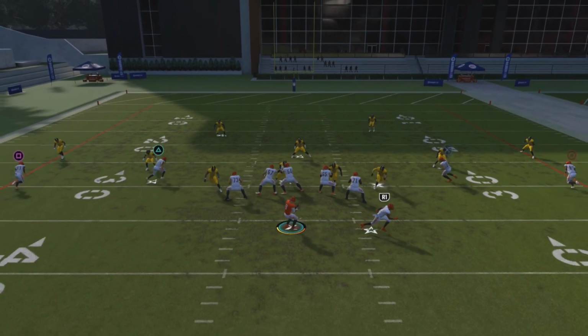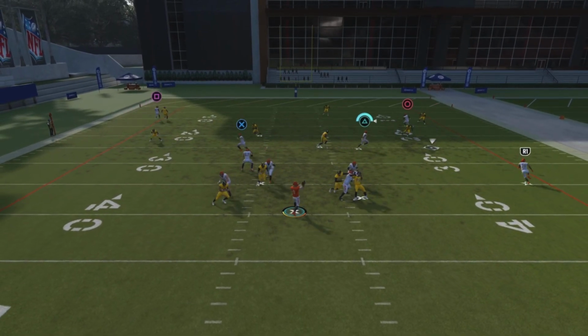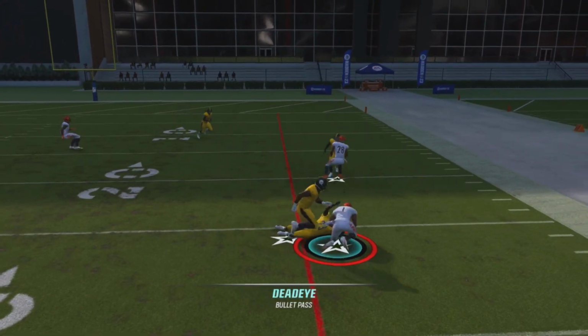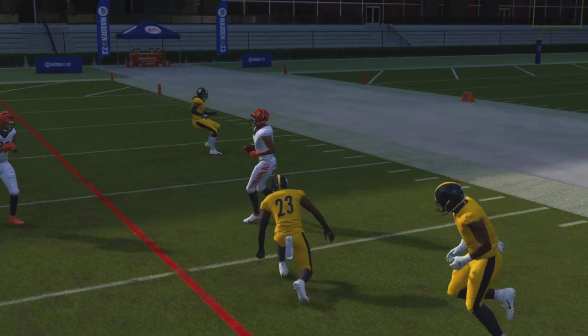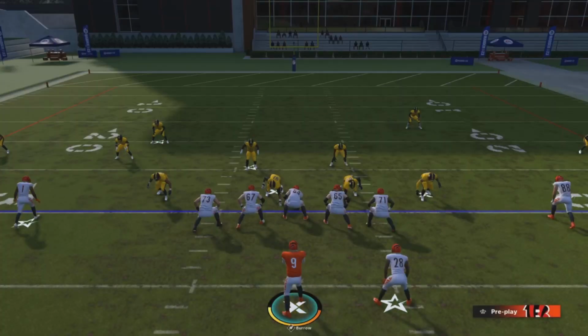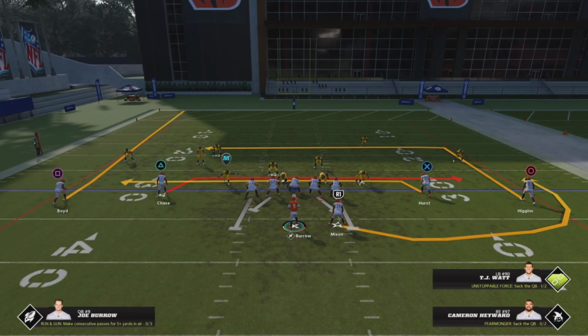Okay, let's run it again. Zone drop. See what the defense gives me. That's it. Now again, because this is a two-man route, it allows you to have ideally 2 or 3 other route concepts around it to beat the defense.